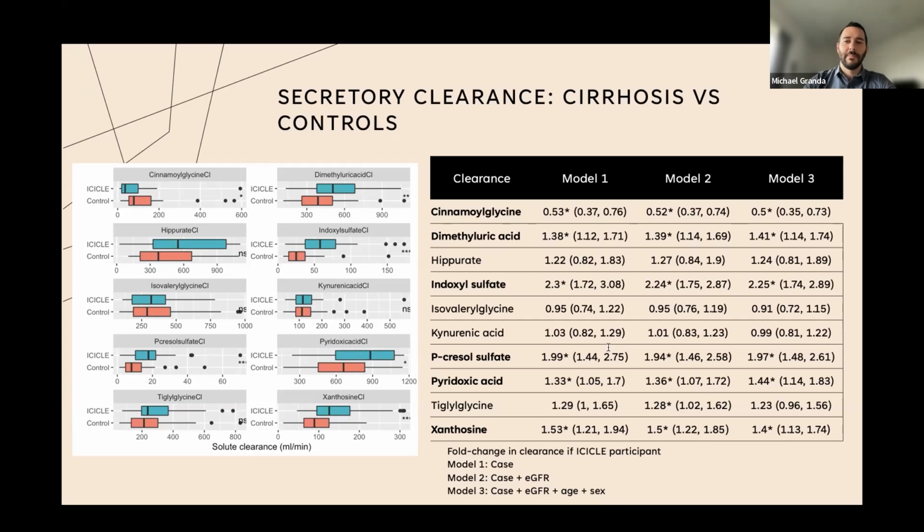One thought was that the plasma levels are just so low that they've artificially increased the calculated clearance. It might also be possible that the low levels of multiple solutes has led to less competition for secretory transporters. Along that line, many of these solutes require the liver for transformation.